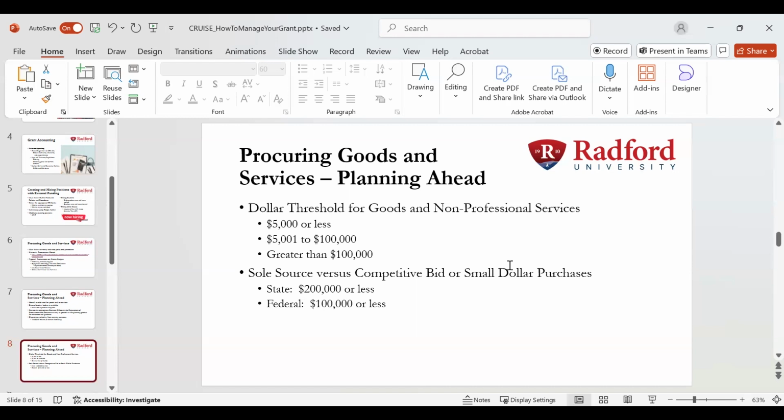However, there is language in the federal government guidelines that states that if you specifically name a vendor in your proposal application, this is federal, this isn't state, then that constitutes sole source, right? So you don't have to bid it because you've already named them.